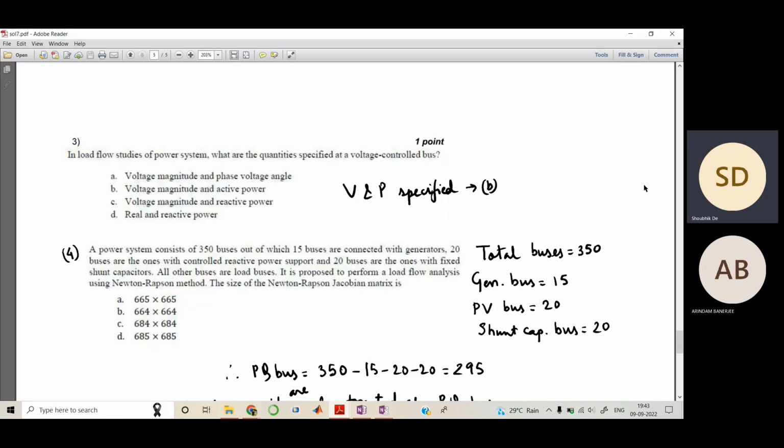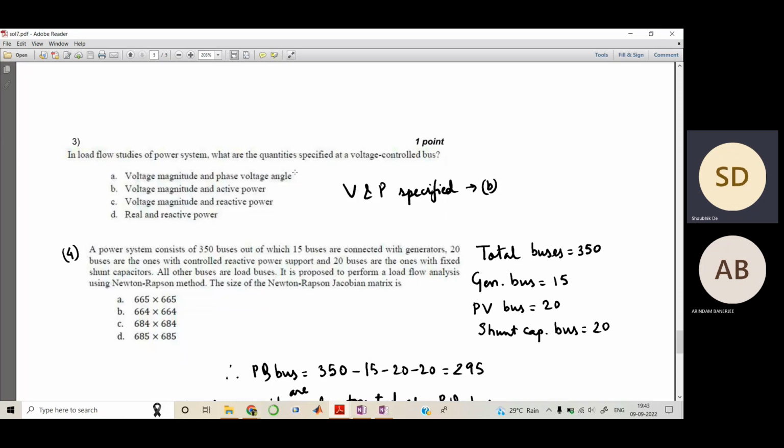Now here, this is a very simple problem they have asked. In load flow studies of a power system, what are the quantities specified at a voltage control bus? So your option would be very straightforward. What are the quantities specified? They are not asking what are the quantities to be determined; then it would be something different.